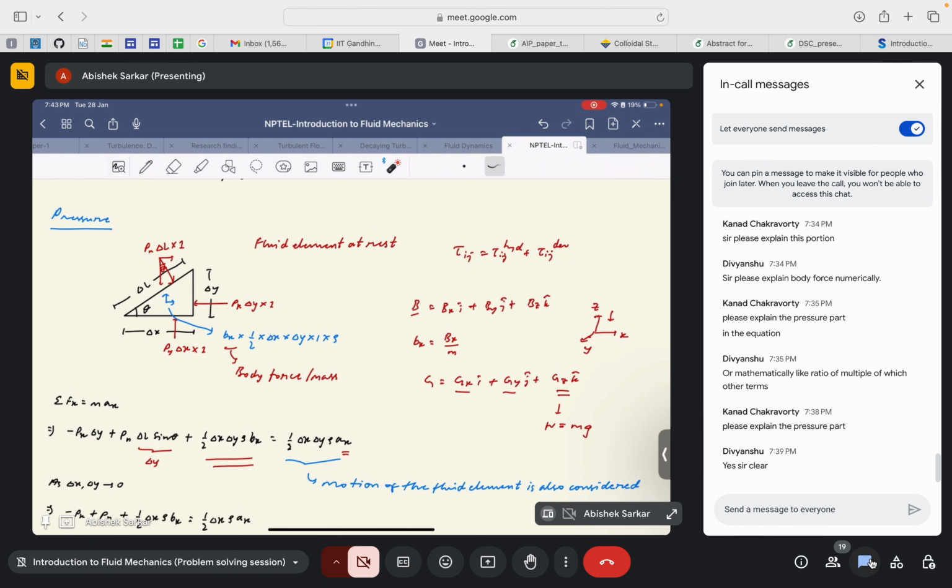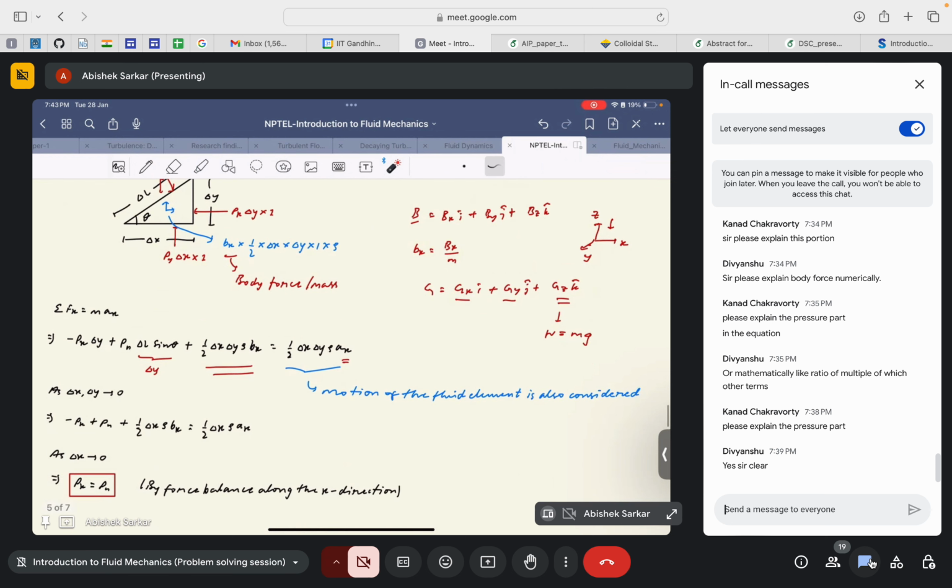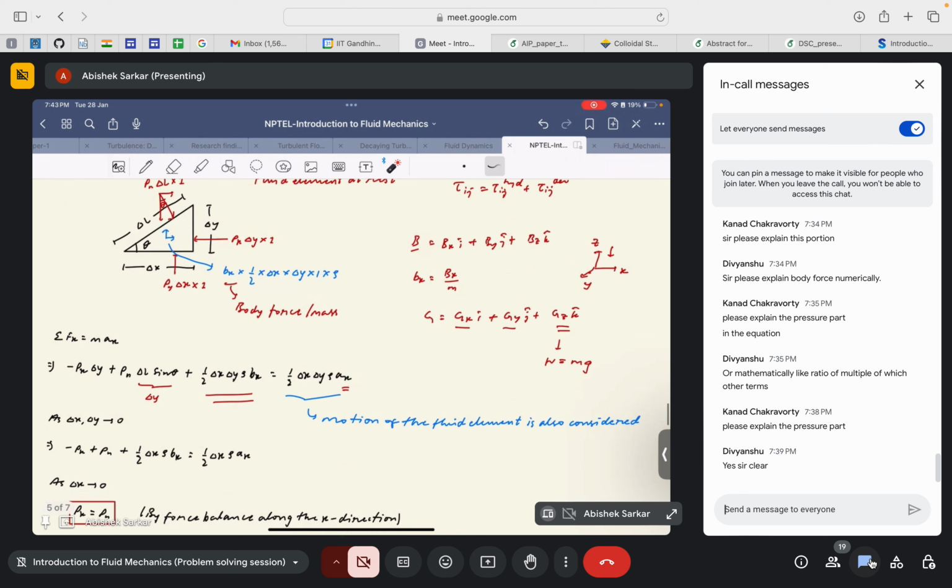So the total stress would be the force due to the pressure, or the hydrostatic stress, plus the force due to the deviatoric stress part. This is a general case, and it is still valid when the fluid is in motion.